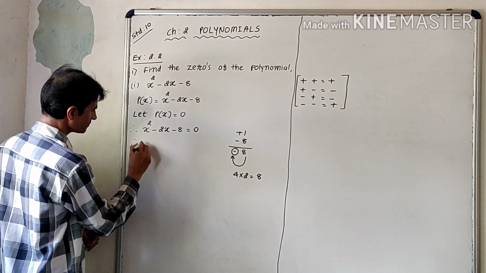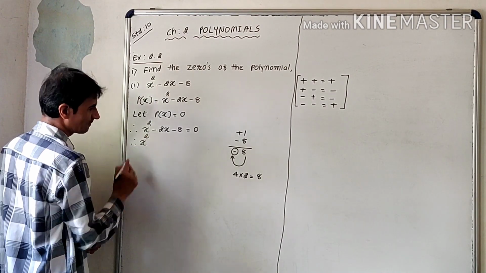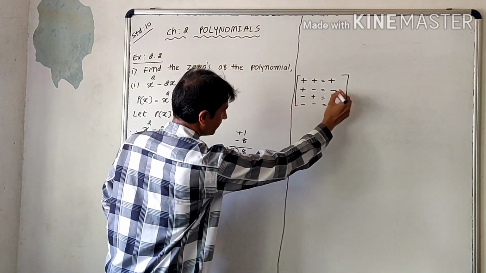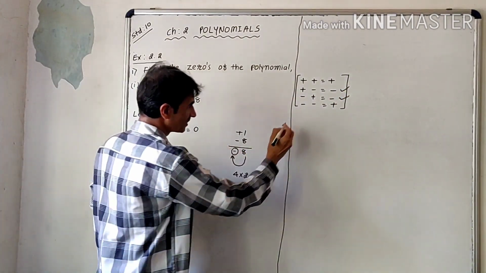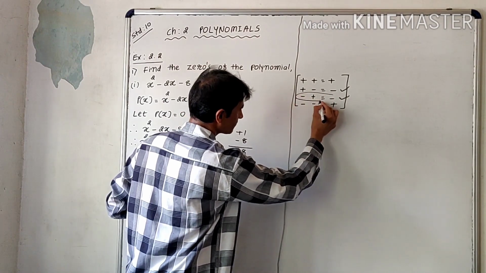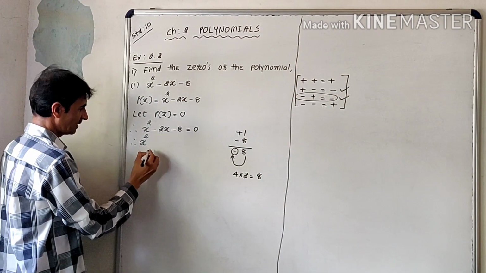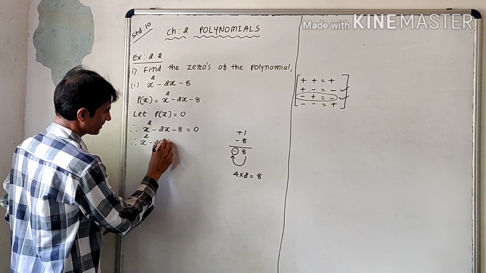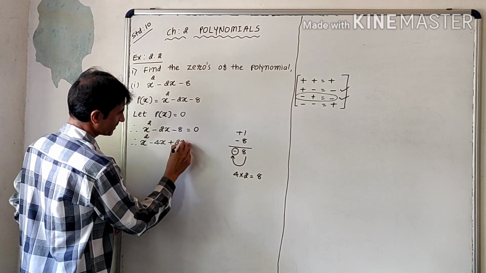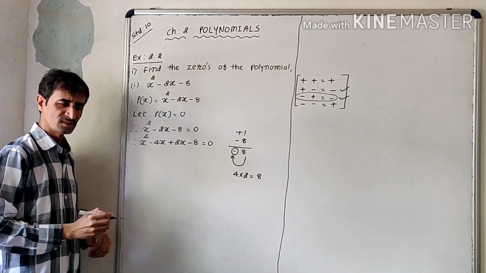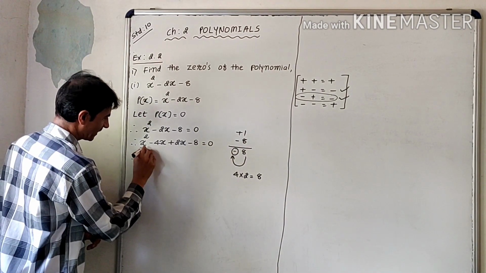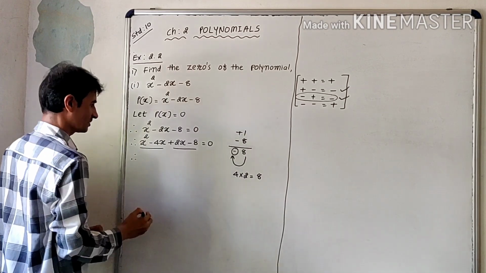Now the first term has no change at all. Here the minus sign means I prefer this one. So minus 4x plus 2x, the last term again no change, is equal to 0. I want to separate the first 2 terms and the last 2 terms.